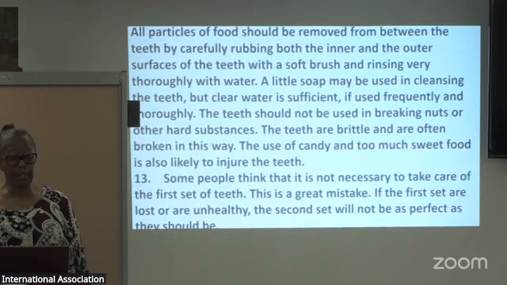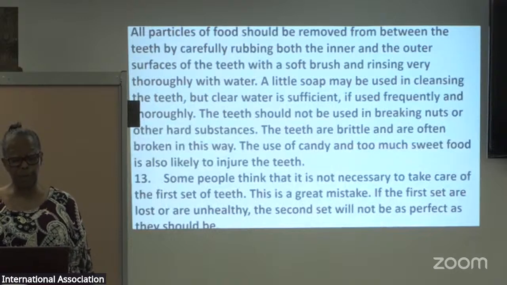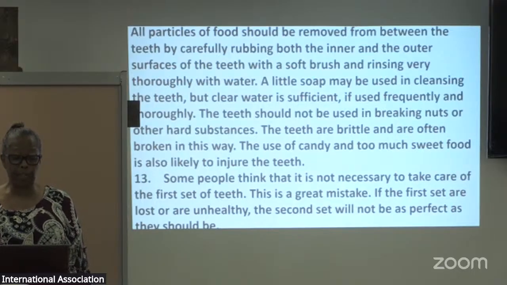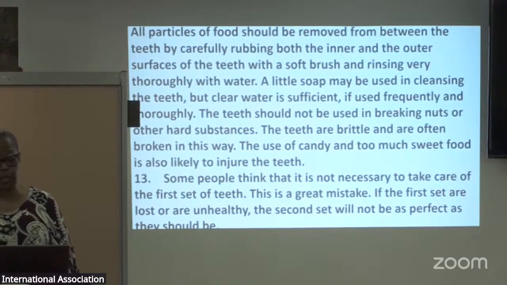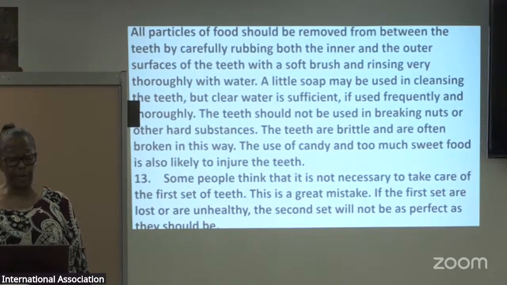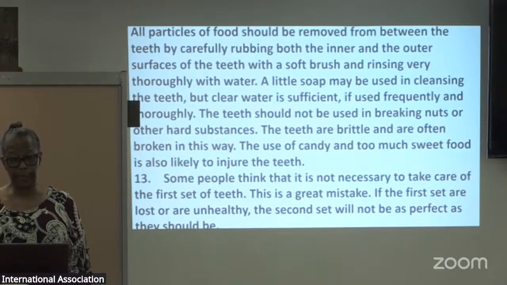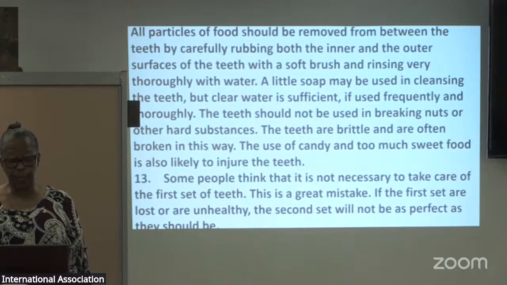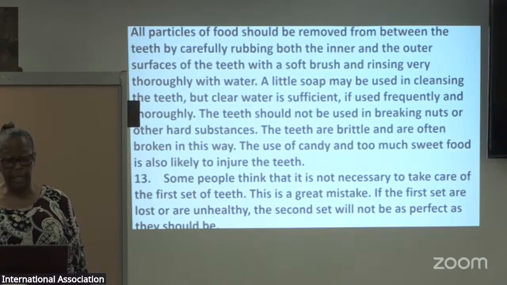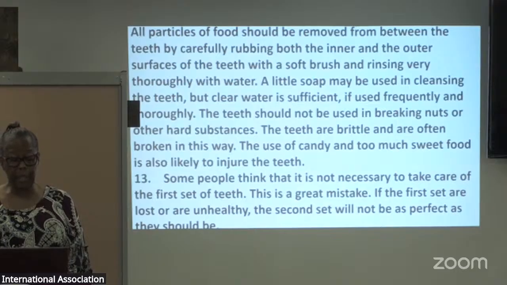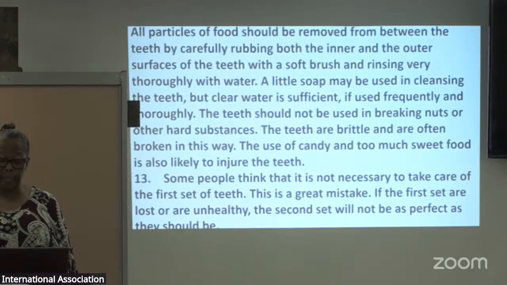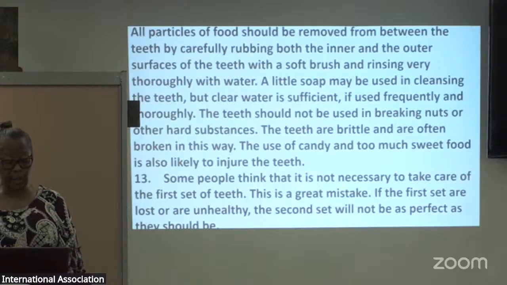All particles of food should be removed from between the teeth by carefully rubbing both the inner and outer surface of the teeth with a soft brush and rinsing very thoroughly with water. A soap may be used in cleaning the teeth, but clear water is sufficient if used frequently and thoroughly.